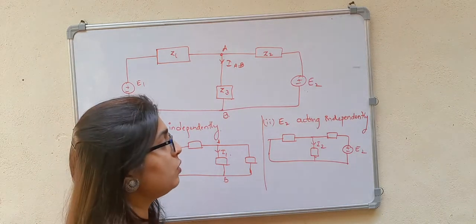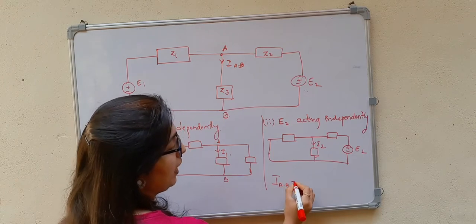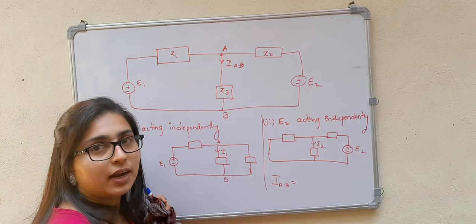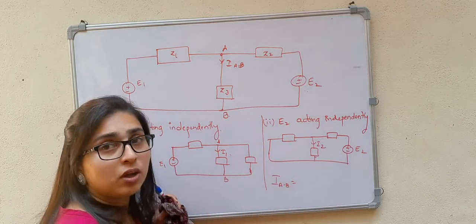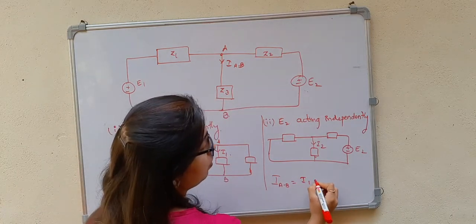Now, according to superposition theorem, we can say the resultant current through the branch AB will be equal to the sum of these currents produced by the voltage sources acting independently. Now, it is I1 plus I2.